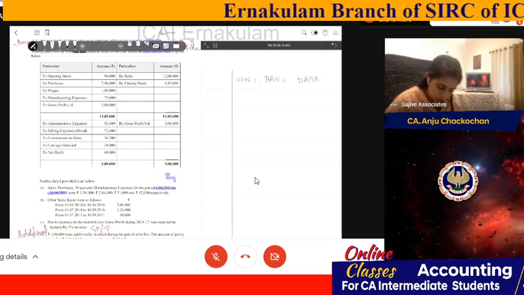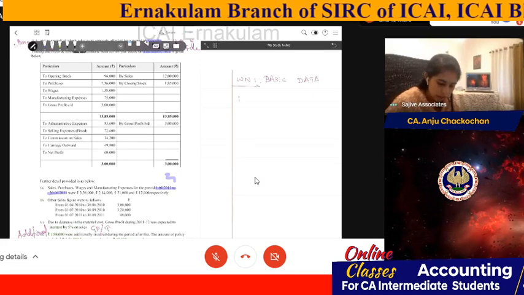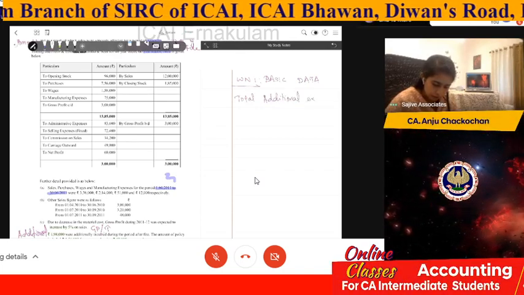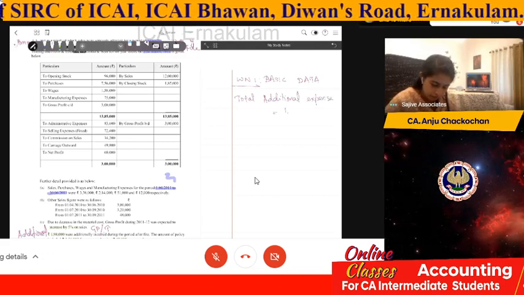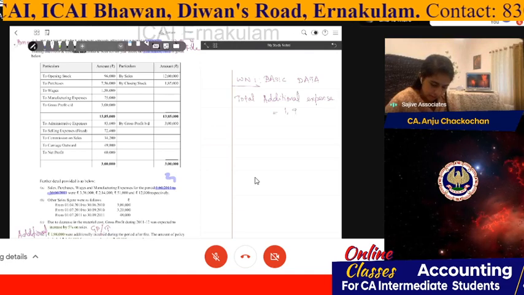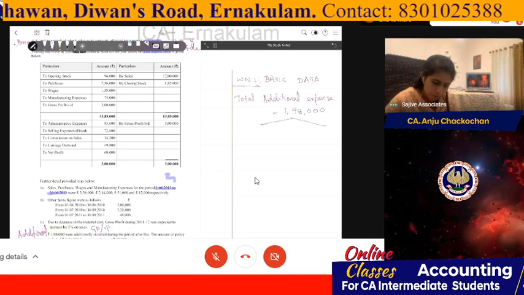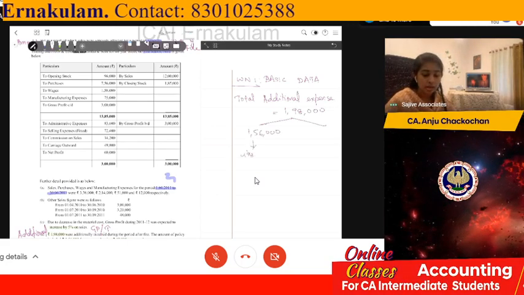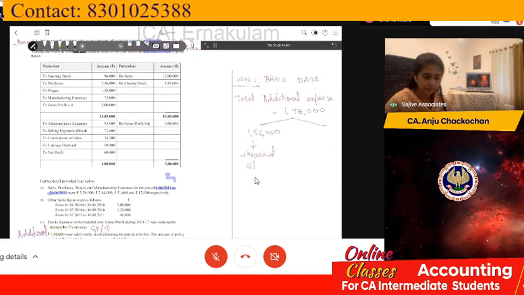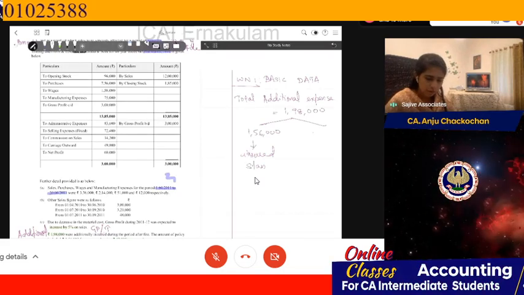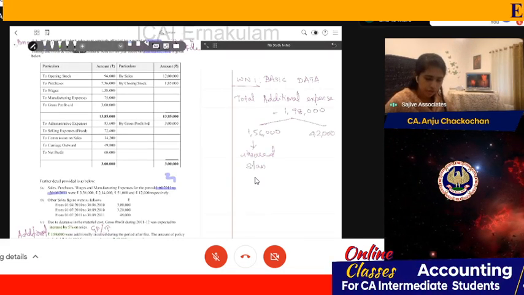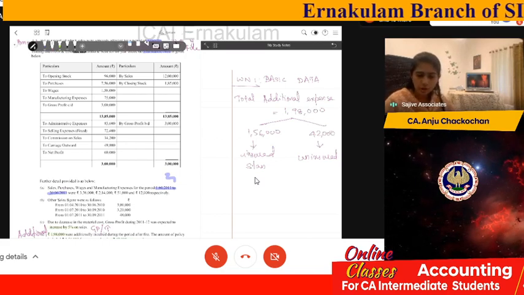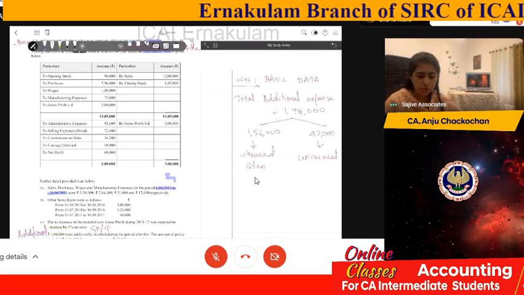We'll be writing only this: the total additional expense is 1,98,000, of which 1,56,000 is covered, meaning that is insured standing charges.